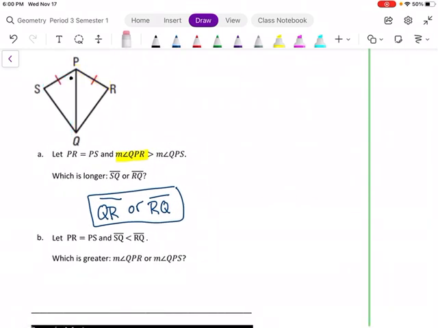Then we're using the same diagram for the next example. Again, PR is equal to PS, and segment SQ is less than RQ. So of the two, RQ is the bigger side.